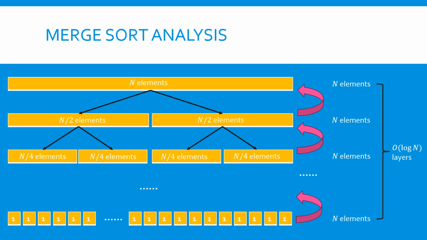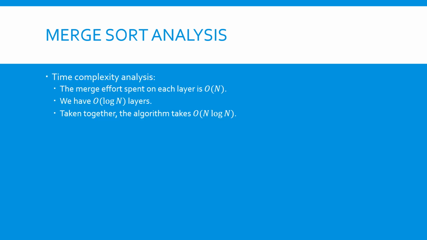Then, we see that there are O(log n) layers in total. This is because the algorithm halves the input set each time as it goes to a deeper layer, and it takes O(log n) halvings to reduce the set size to 1 from n. Taken together, the time complexity of the merge sort algorithm is O(n log n).